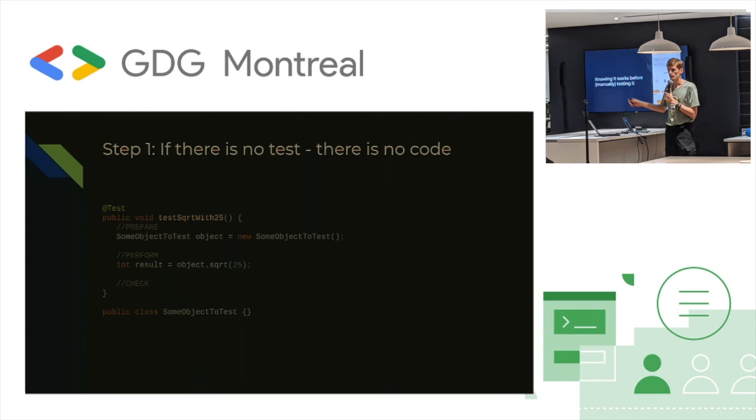We need to add some code now to satisfy it. So what we do, we just add a method sqrt and just return 0 in this case. It's perfectly fine because in this state the project will build and the test will pass, because the test is not checking anything right now. That's okay. We wrote as much of the code as required to pass the test.